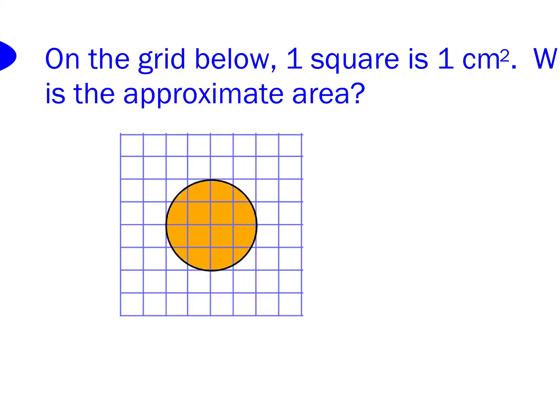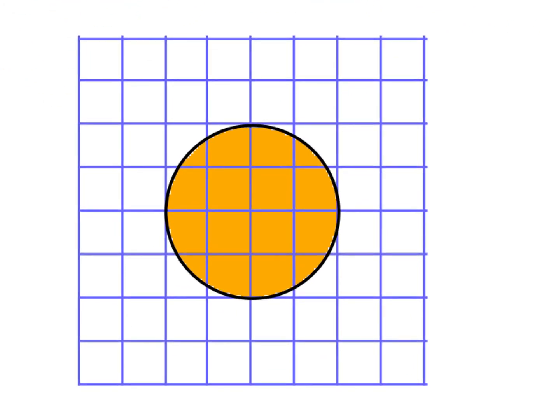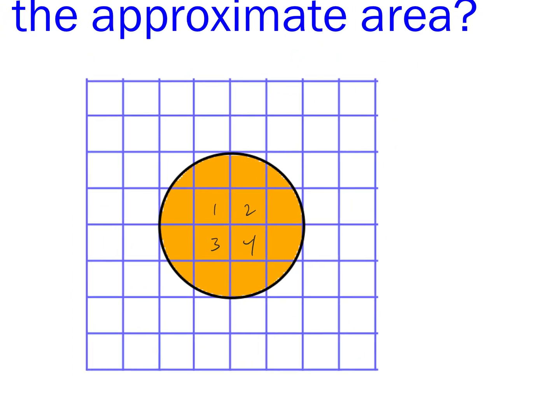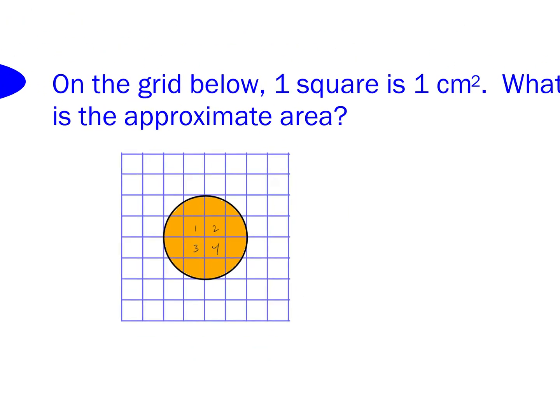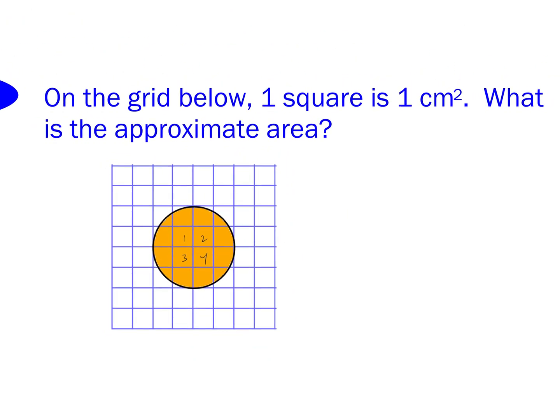Now, taking a look at the circle, how many entire grid squares are filled in? 4, that's right. 1, 2, 3, 4. So we know it's 4. Okay, cool. So if we go over here, we would say whole. There's 4 of them.